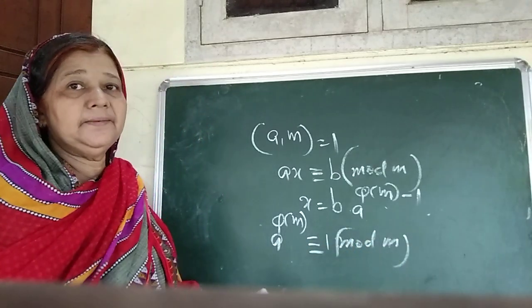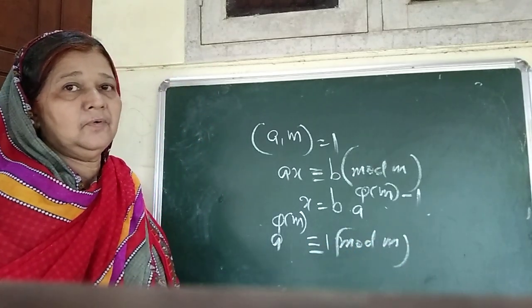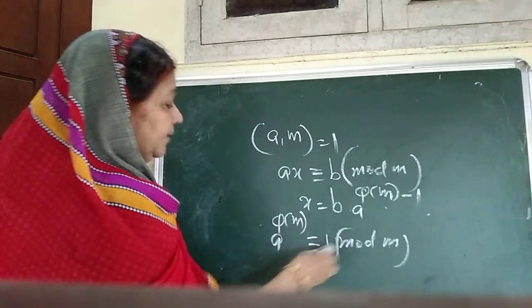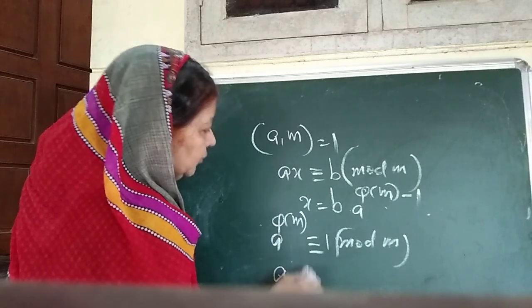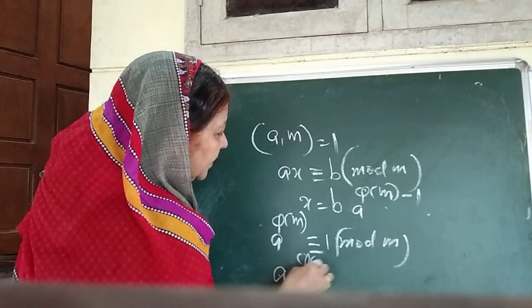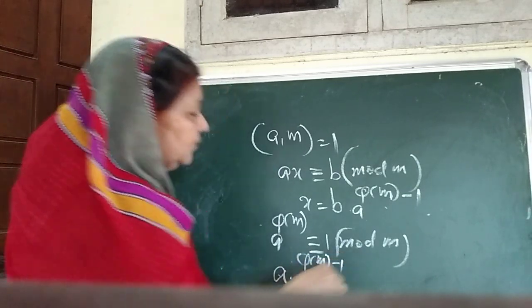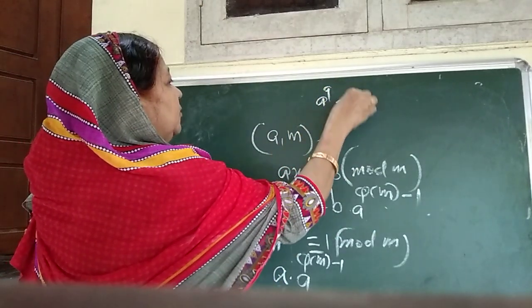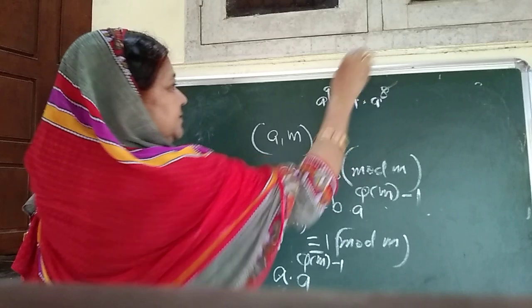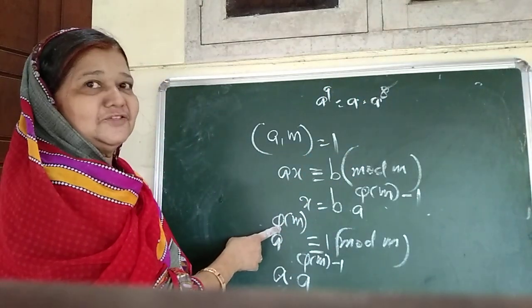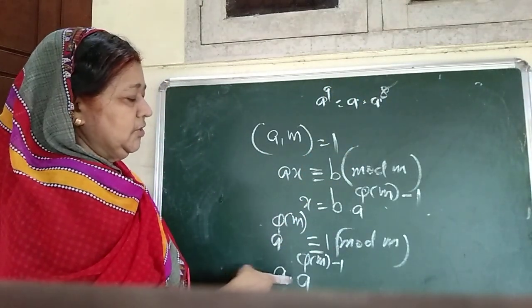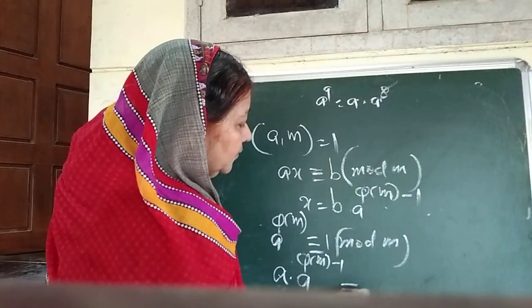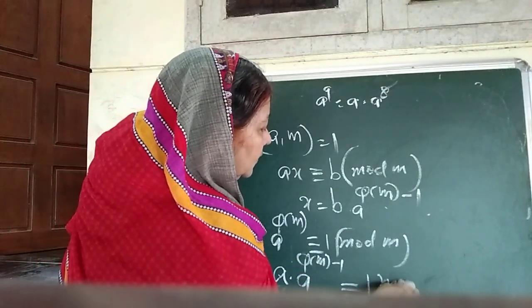Phi m is nothing but an integer. Therefore, a raised to phi m can be represented as a into a raised to phi of m minus 1. We know a raised to 9 equals a into a raised to 8. Similarly, a raised to phi m equal to a into a raised to phi of m minus 1 is congruent to 1 modulo m.